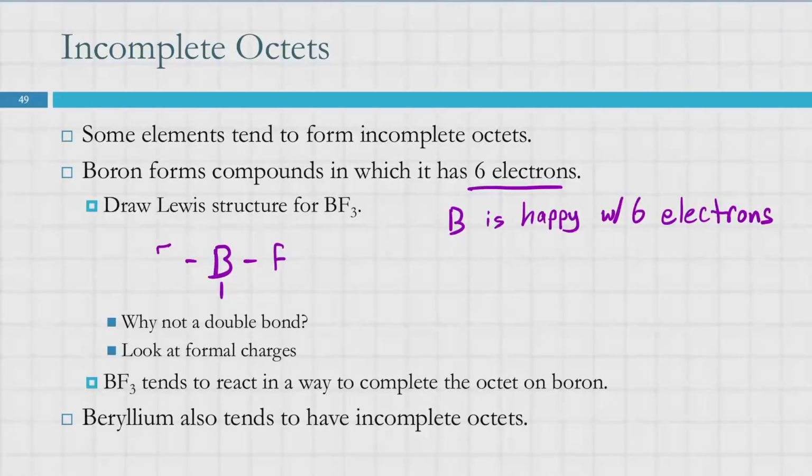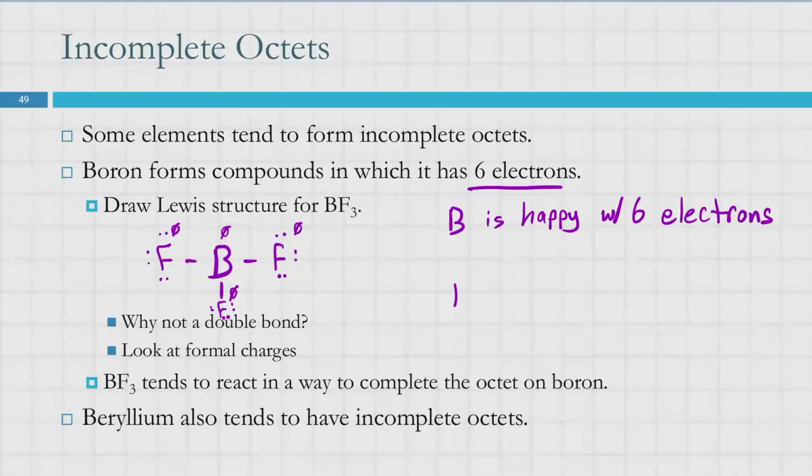If we do a Lewis structure for BF3, it'll look like this. We would not do a double bond because it would screw up our formal charges. As written, this is zeros across the board.